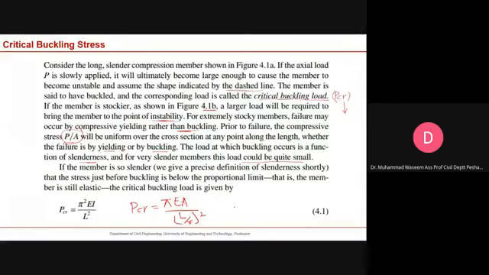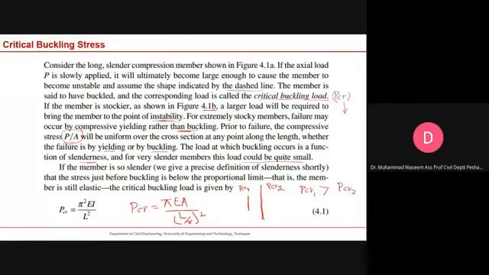It means that you have two slender members, one of this length and one of this length. For this one, the critical load will be higher. Let's say this is 1 and this is 2, so the magnitude of PCR1 will be greater than PCR2.